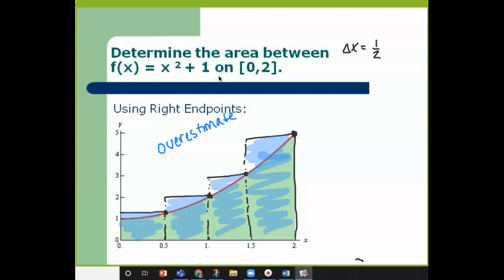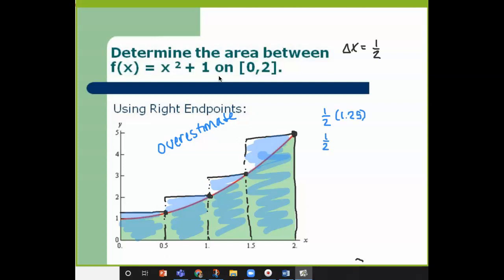What's nice is we previously found f of 0.5. So I'm going to take my 1/2 and I'm going to multiply it by each of my heights. So you take f of 0.5, so that's 0.5 squared, which would be 1/4. 1/4 plus 1 would be 1.25.